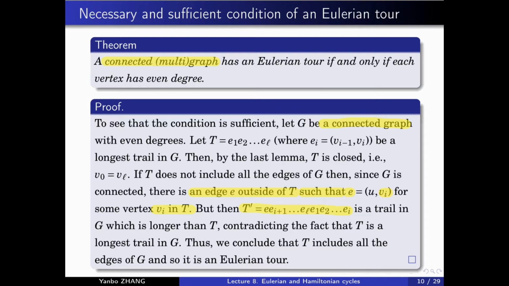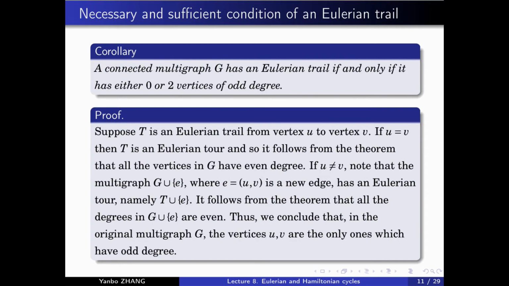Now it's easy to determine whether a graph has an Eulerian tour or not. If it is a connected even graph, then it has an Eulerian tour. If it is not a connected even graph, then it has no Eulerian tour. An important corollary is a necessary and sufficient condition of an Eulerian trio.